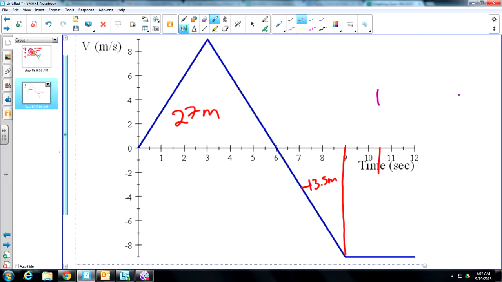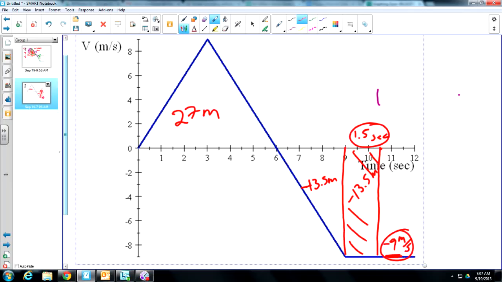And that's going to happen at 10.5, because this area here, this rectangle, is going to give us another negative 13.5 meters. Okay, and you can figure that out because this is 1.5 seconds when we go from 9 seconds over to 10.5 seconds. And since her velocity down here is negative 9 meters per second, the 1.5 times the negative 9 is going to give us that negative 13.5 that we need.